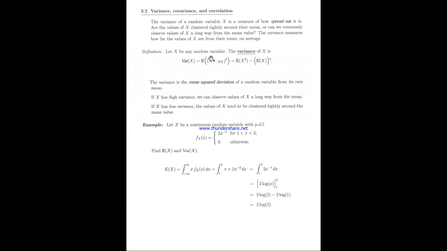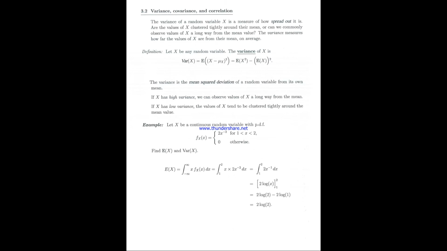And then we can talk about the variance, covariance and correlation as well. If you take the random variable X, we know the variance always tells us about the spread of the random variable.